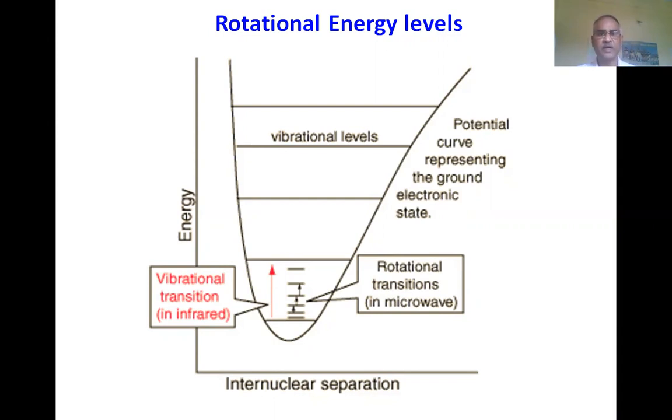So, the parabolic curve that you're seeing here in this graph is the ground electronic state. And in this ground electronic state, there are different vibrational levels. There exist such electronic states, many of them, out of which I have considered the ground electronic level.